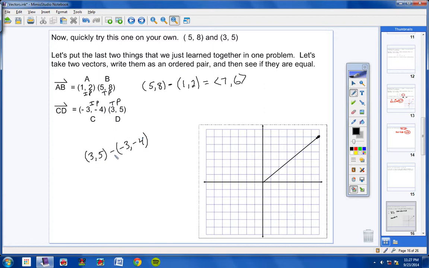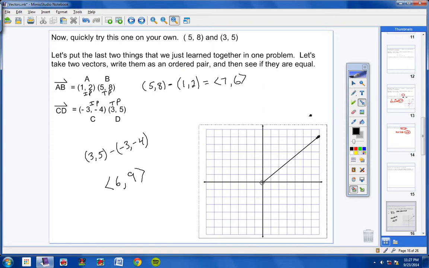We have 3 minus a -3, which would be 6. 5 minus a -4. And by the way, if you struggle with your signed numbers, then use a calculator to help you. There's nothing wrong with that, okay? 5 minus a -4 would be 9. So (6, 9). So I'm going to go over 6: 1, 2, 3, 4, 5, 6, and up 9: 7, 8, 9. So about right here.